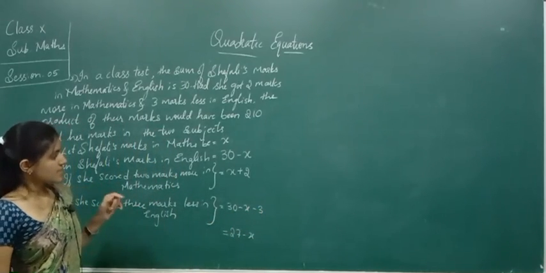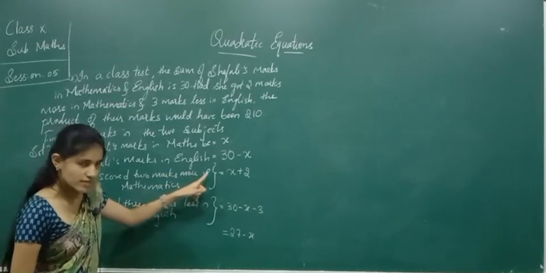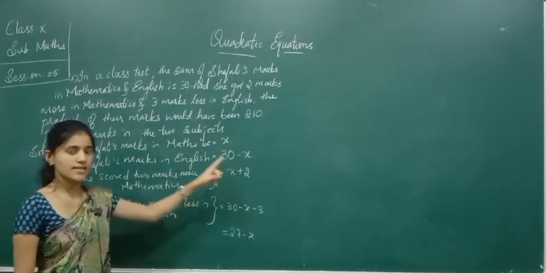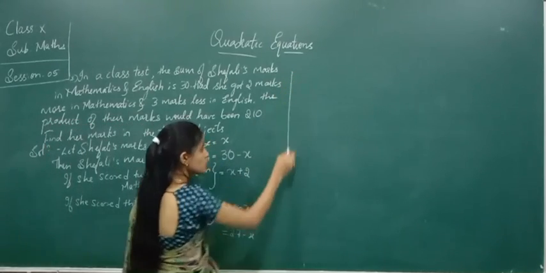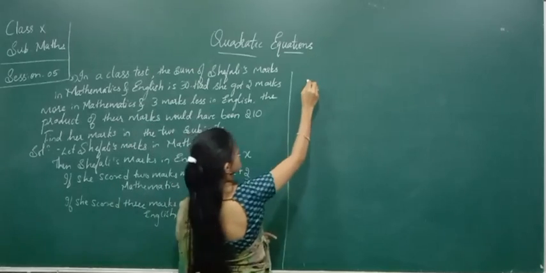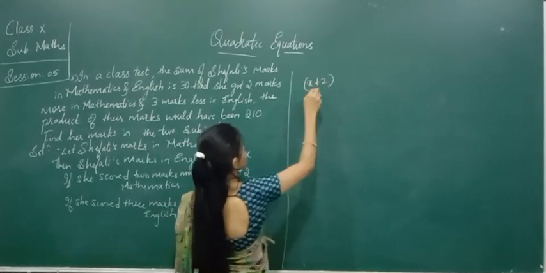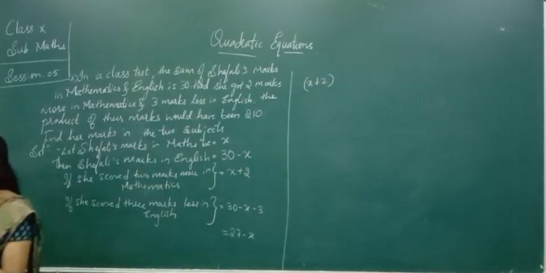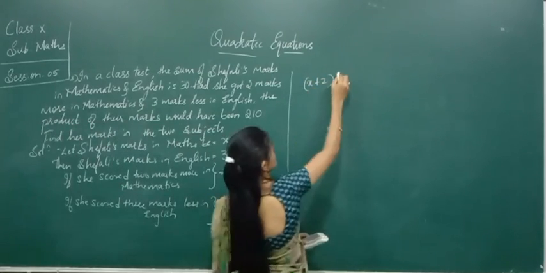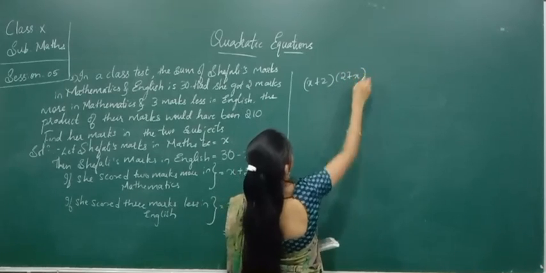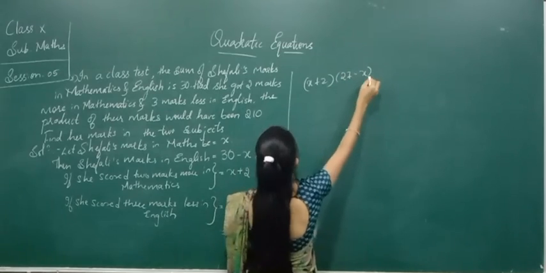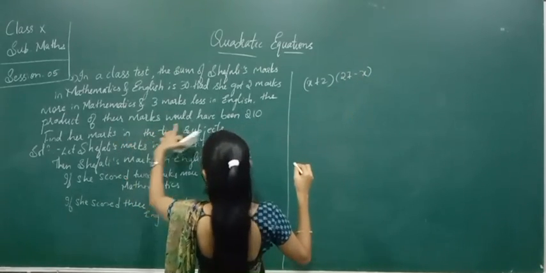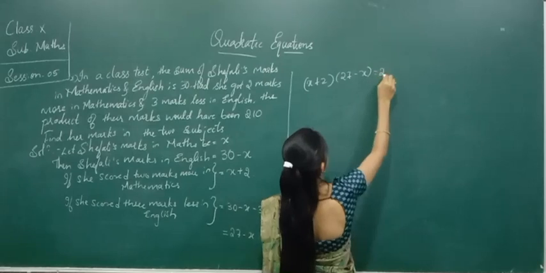Now what they said: this product, that is after considering 2 marks more in maths and 3 marks less in English, is going to be 210. That is, x plus 2 into 27 minus x will be equal to 210 marks.